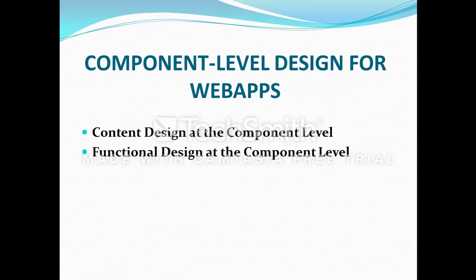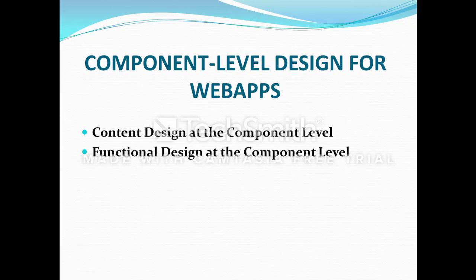A web app provides different functionalities to the end user. It provides computational or data processing for end users, and a web app is a cohesive package of content and functionality provided to the end user. The component level design for web apps includes elements of content design and functional design.